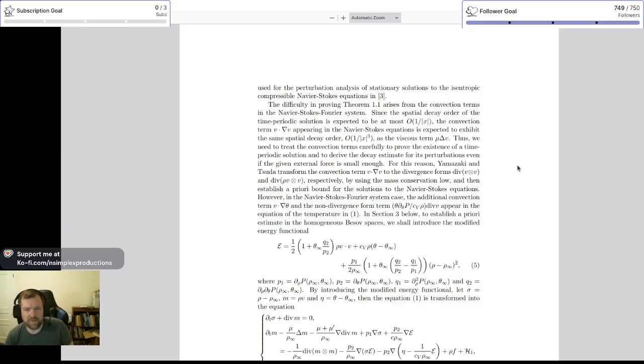Thus, we need to treat the convection terms carefully in order to prove the existence of a time periodic solution and to derive the decay estimate for its perturbations, even if the external force is small enough.